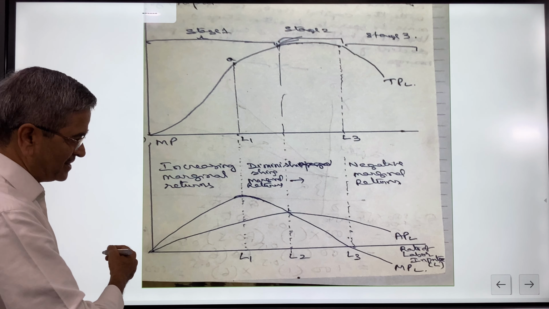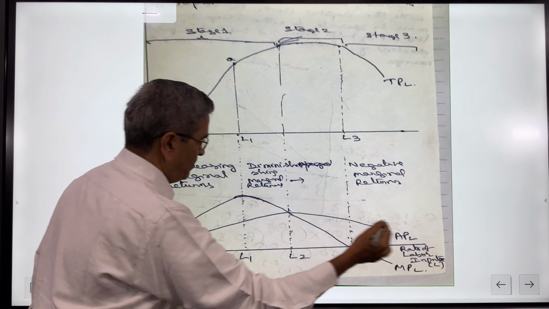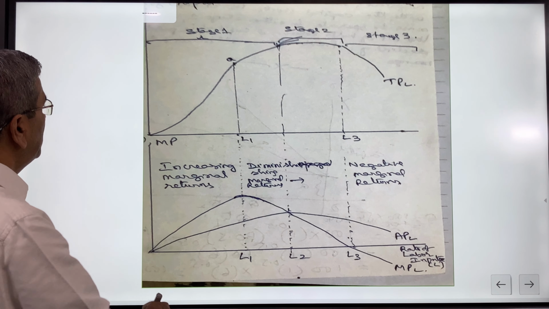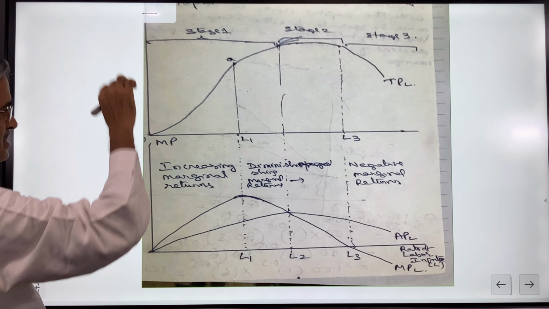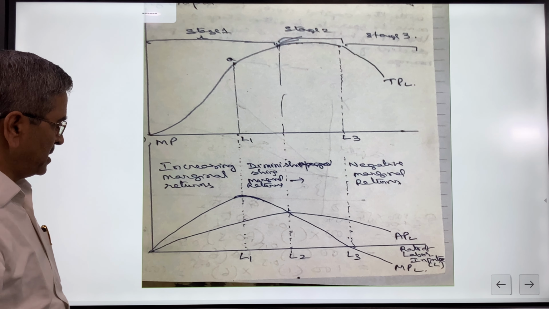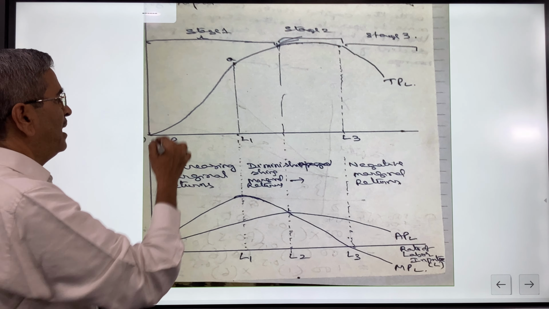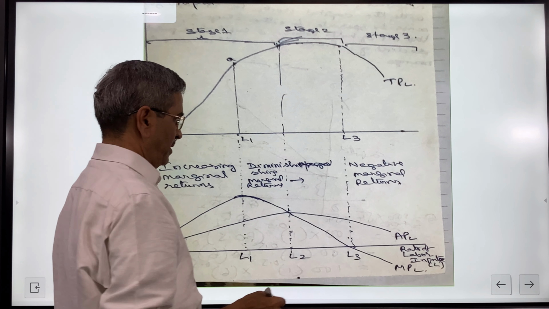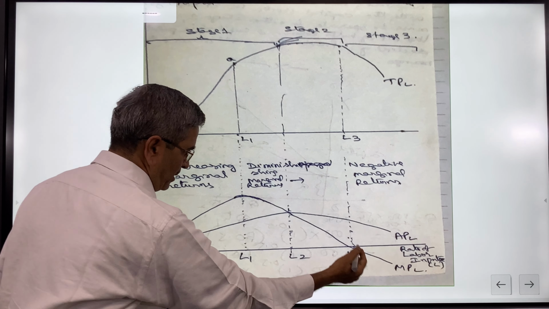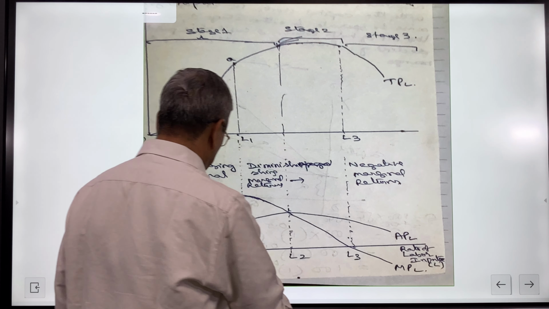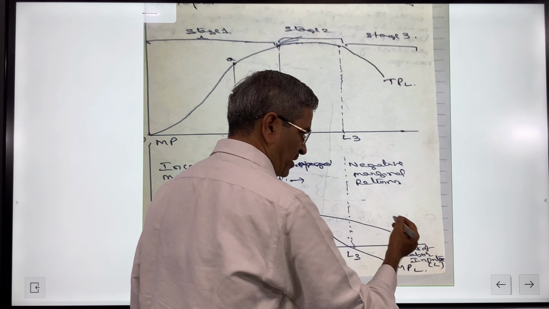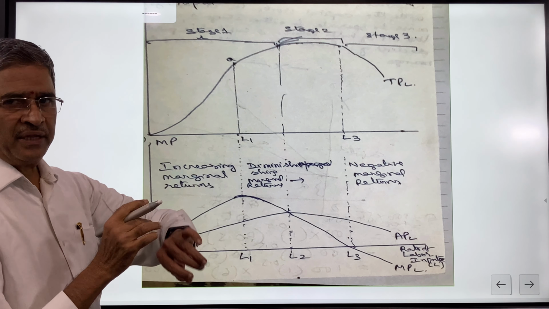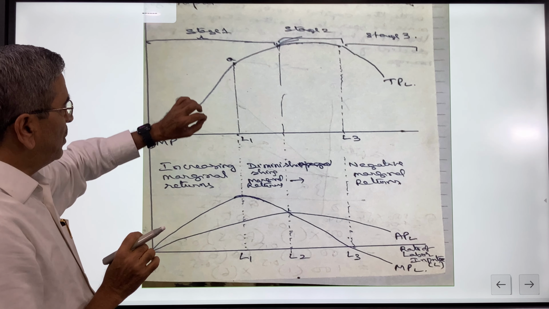If you take labor on the x-axis, rate of labor input, and show the quantity changes on the y-axis, I have drawn 3 curves. This is total productivity of labor, this is marginal productivity of labor, and this is average productivity of labor.